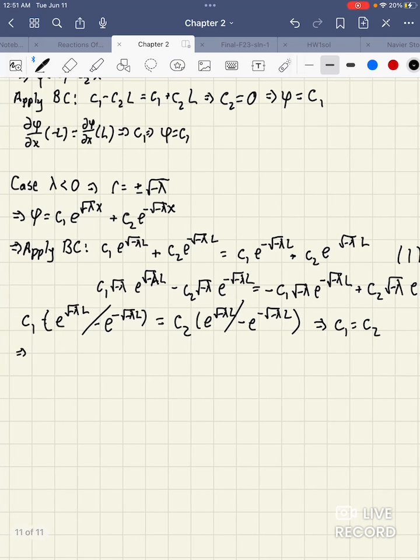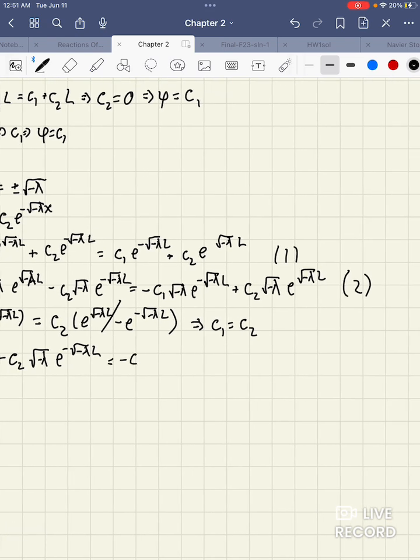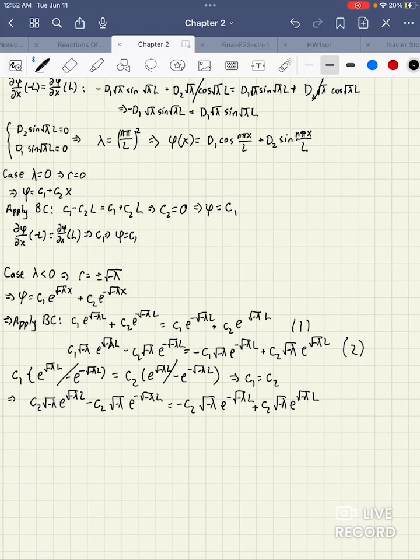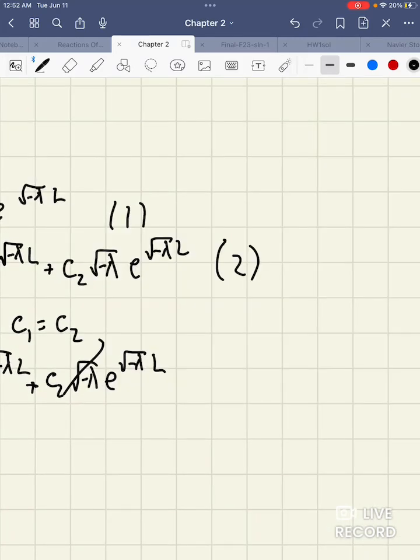Therefore, if I substitute into equation 2, I get c2 square root negative lambda e to the square root negative lambda L minus c2 square root negative lambda e to the negative square root negative lambda L, that's equal to negative c2 square root negative lambda e to the negative square root negative lambda L plus c2 square root negative lambda e to the square root negative lambda L. Now this and this cancel, and therefore my c2 is equal to 0.